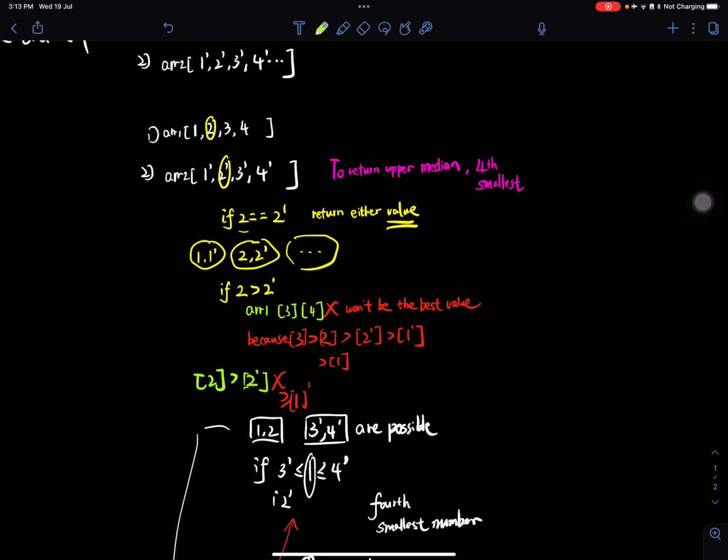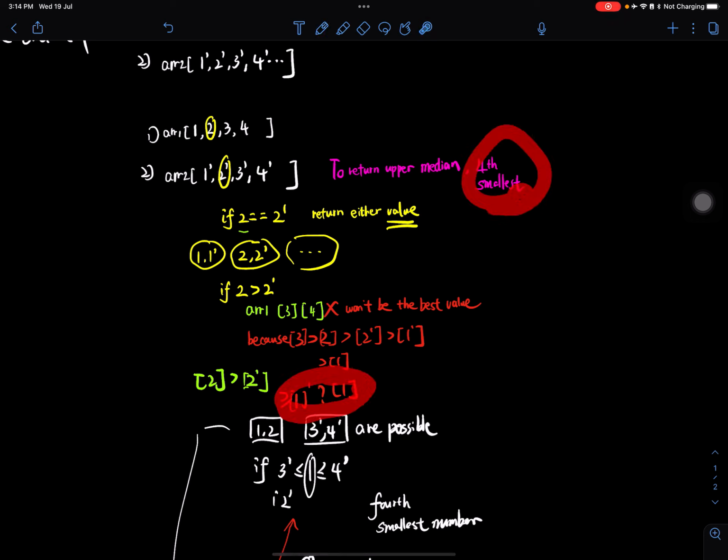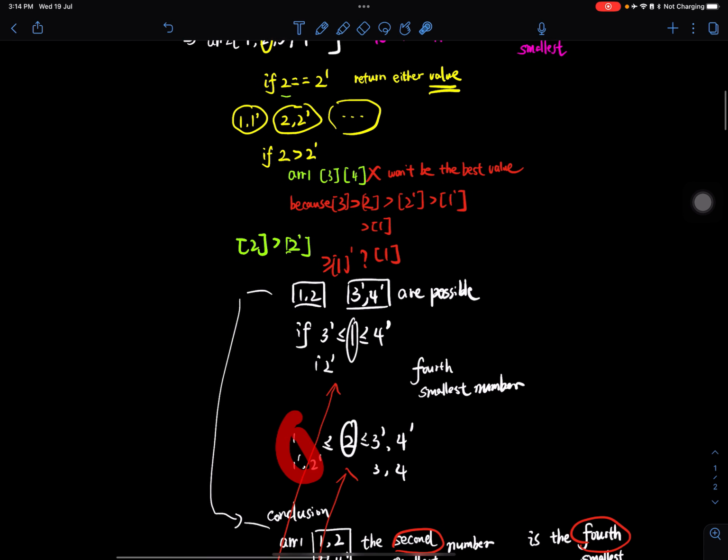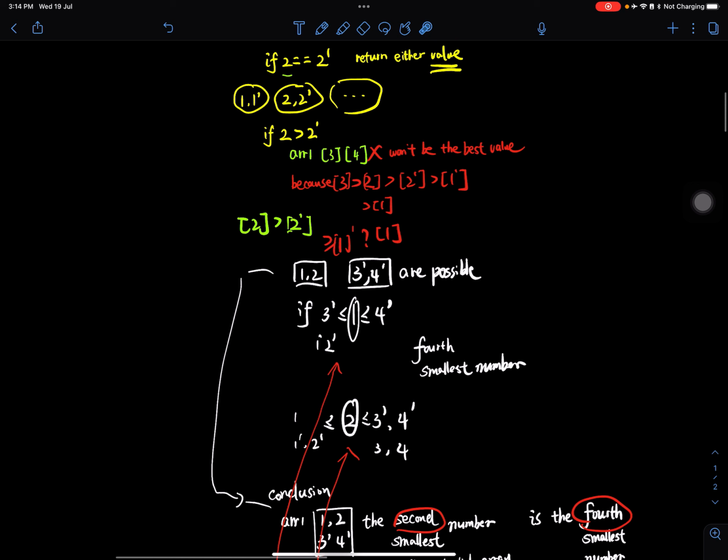In this case it's only greater than 1 prime, and also potentially greater than 1. Actually, in order to satisfy this scenario, for the first smallest, you have to have 3 at least, right? At least 3, for example.